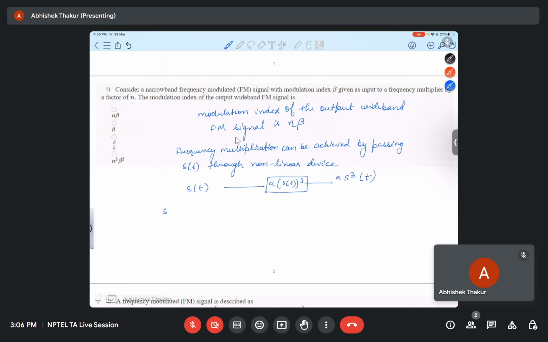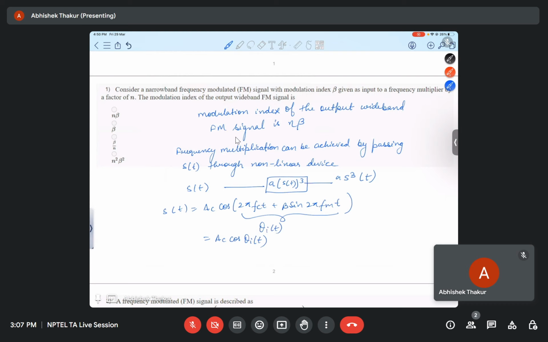Let's suppose s(t) is Ac cos of 2 pi fc t plus beta sine of 2 pi fm t. This term is theta i(t), so we can write Ac cos of theta i(t).